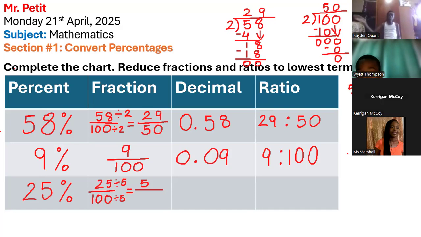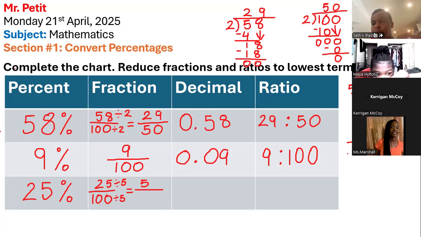We bring down the 0. How many times does 5 go into 0? 0 times, very good. 5 times 0 is 0. So 0 minus 0 is 0. So this is going to be 20, right? So 5 over 20.